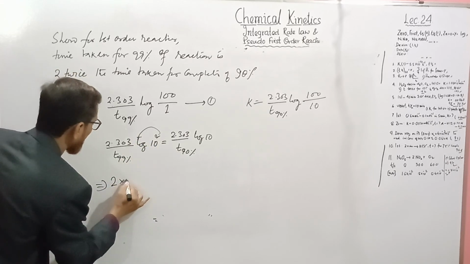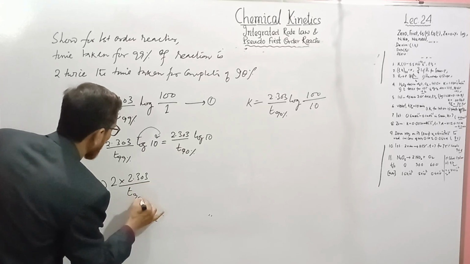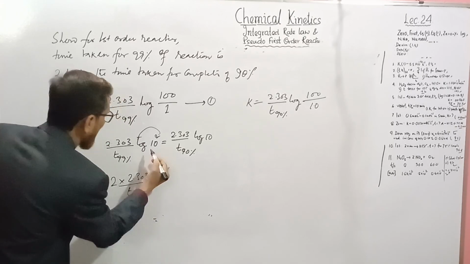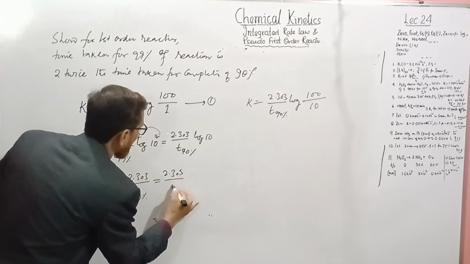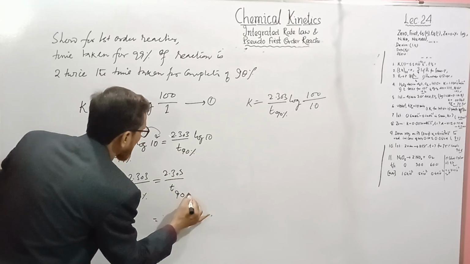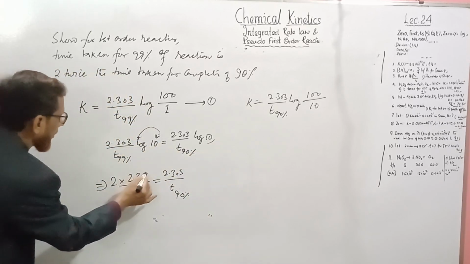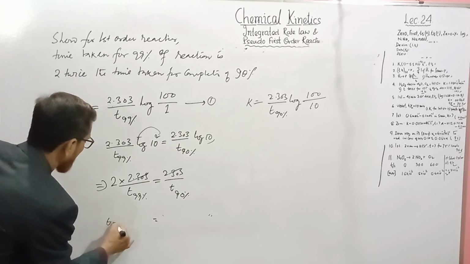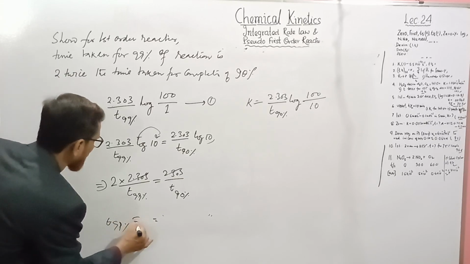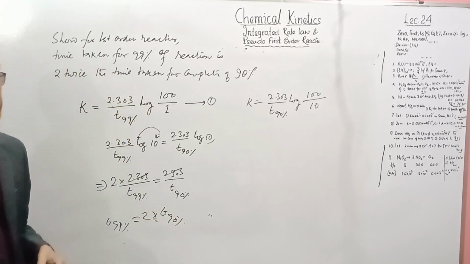So 2 into 2.303 divided by T of 99%, and log 10 is equal to 1. We need not write 2.303 divided by T of 90%, and log 10 is equal to again 1. So if you compare these two, we'll get T of 99% is equal to twice of T of 90%.